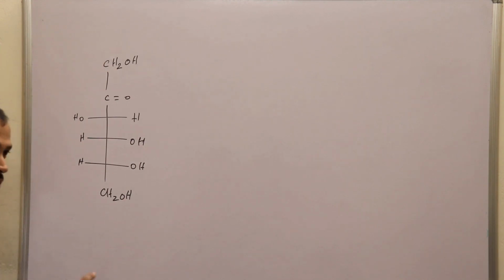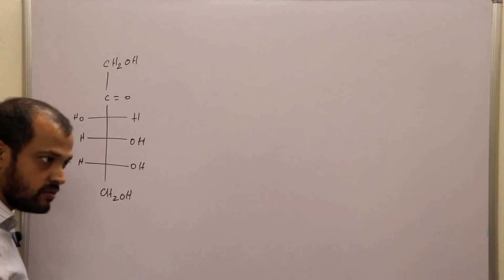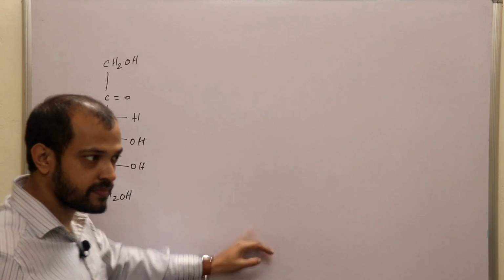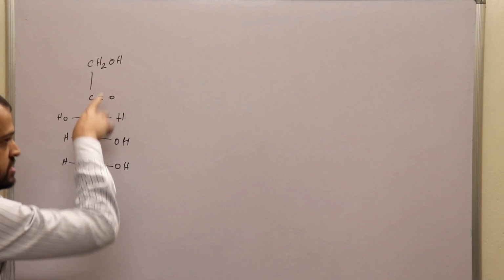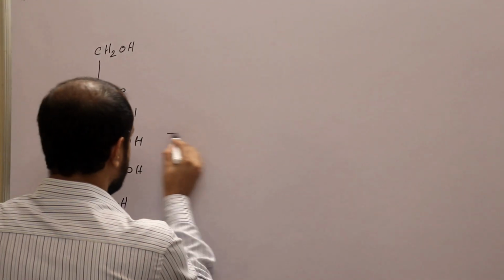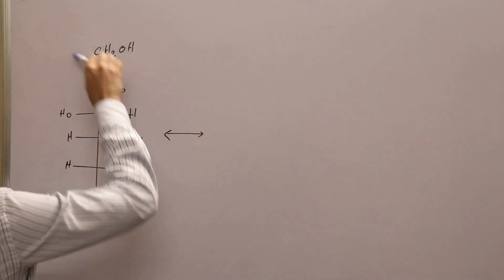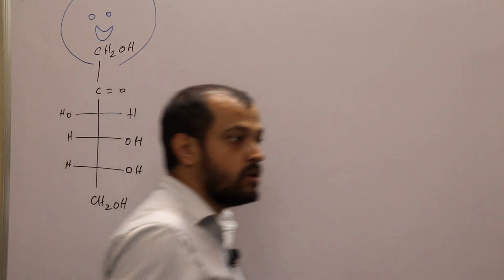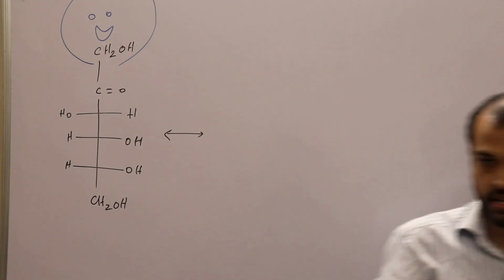If I want to convert the Fischer projection formula of fructose into the Haworth projection formula, the first challenge I will have to overcome is how to arrange this CH2 and this C double bond O. Now again you will have to consider the head. Always remember which side is the head and which is the tail.